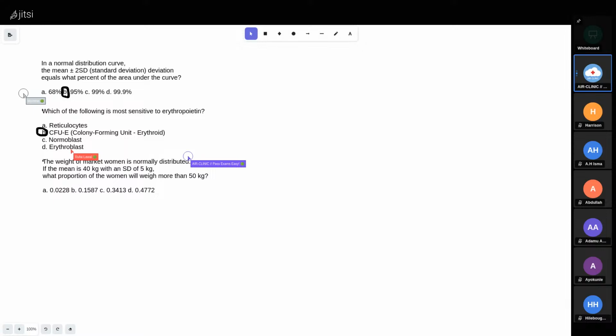So the next question is asking about the weight of market women. The weight of market women is normally distributed.